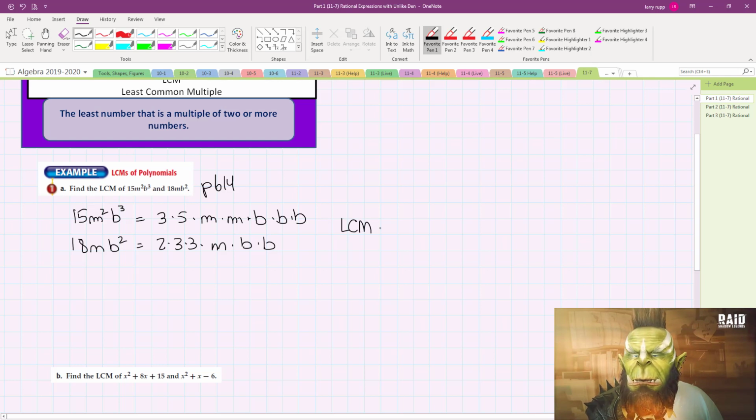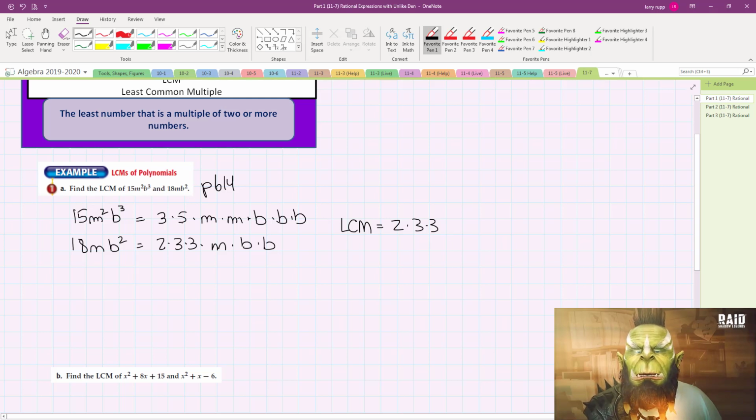For the least common multiple, the LCM, we look at each factor. Let's start with the lowest numerical. Here's a 2. There's no 2 in the top, but there's 1 in the bottom, so we have at least 1 two. Now 3s: we have 1 three in the top, but 2 in the bottom, so now we have 2 threes.